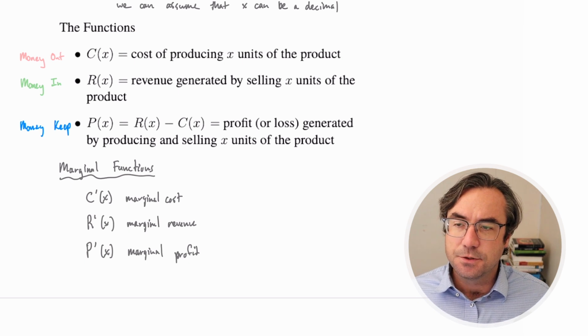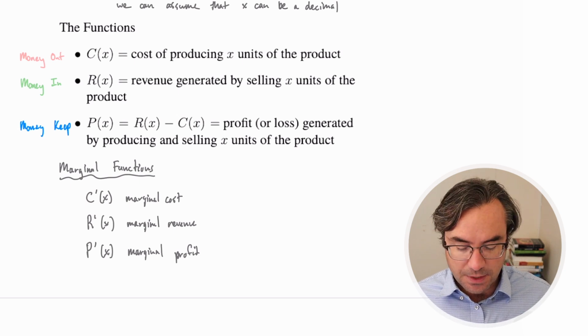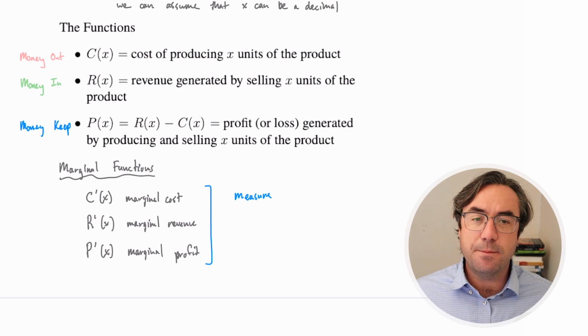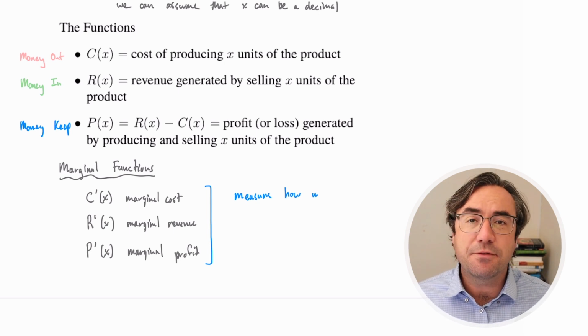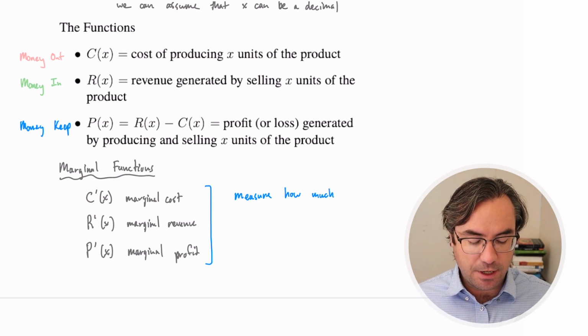So what these marginal functions do is they give us a way to measure how much profit, revenue, or cost would change by selling one additional item.